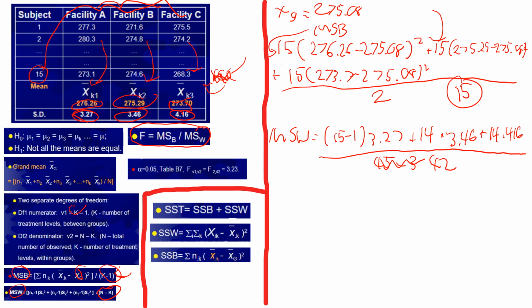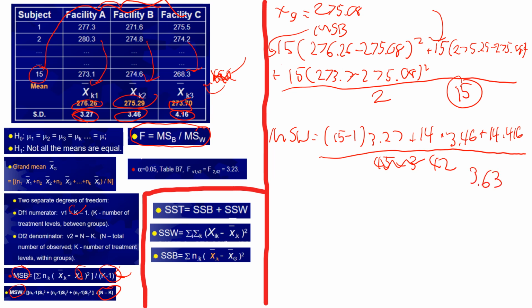And then let me put this in my calculator really quick. So we have 14 times 3.27 plus 14 times 3.46 plus 14 times 4.16. Divide all that by 42. We get 3.63.